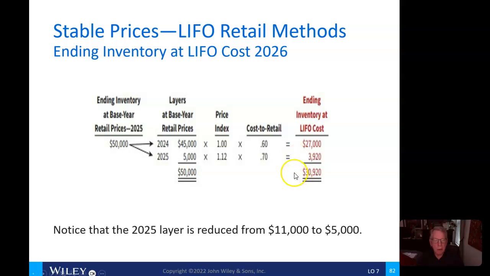So that leaves me the 30,920 as my ending inventory at LIFO costs. And we'll notice here that the 2025 layer is reduced by 11,000 to 5,000 because that's where we're selling from the bottom up. And we haven't touched the beginning inventory yet. Everybody good with that?